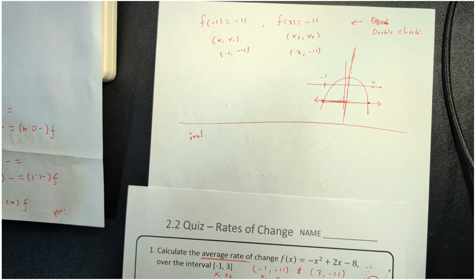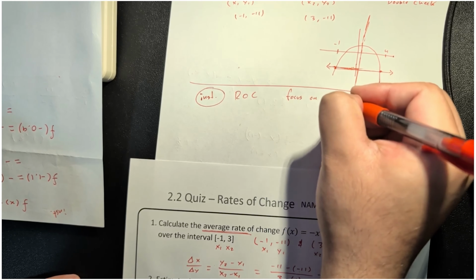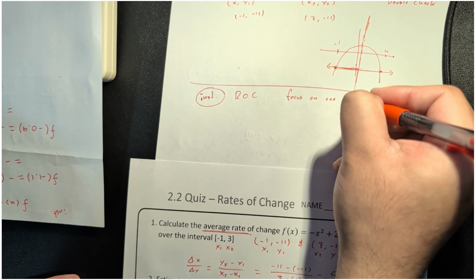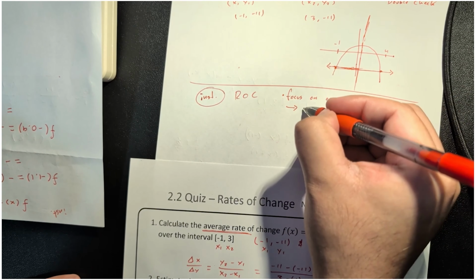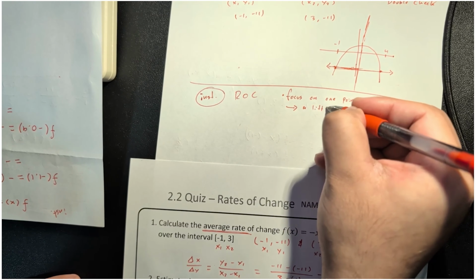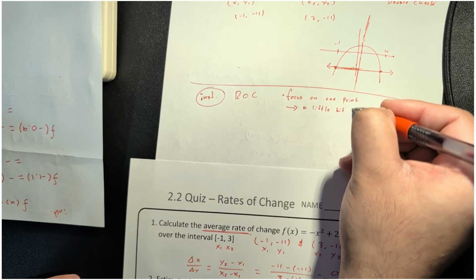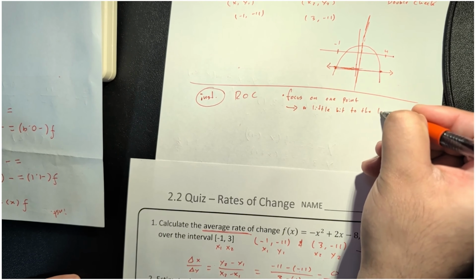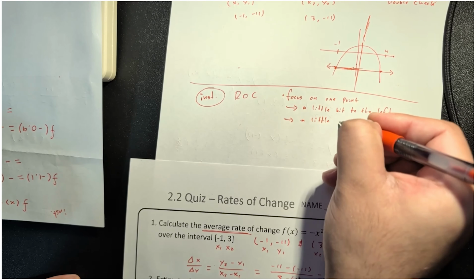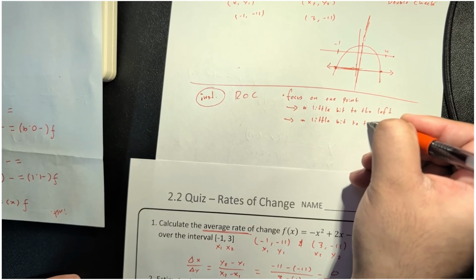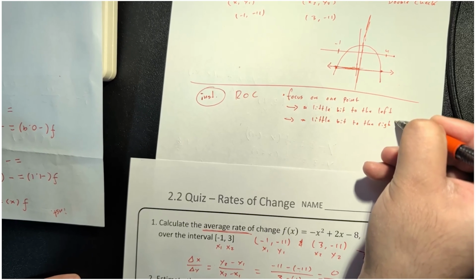So the idea behind instantaneous rate of change is I focus on one point, and then I go a little bit to the left and a little bit to the right.